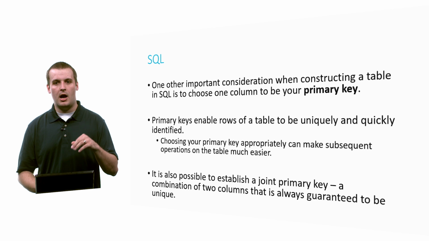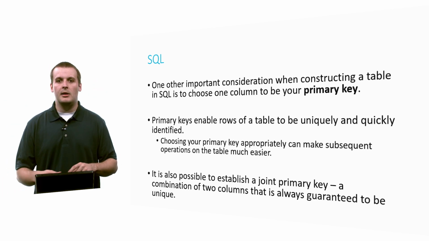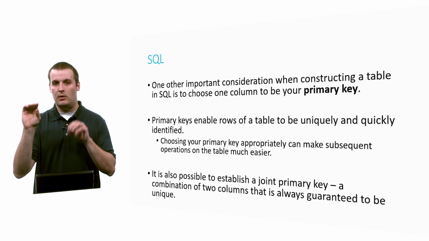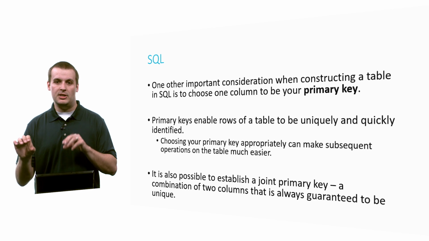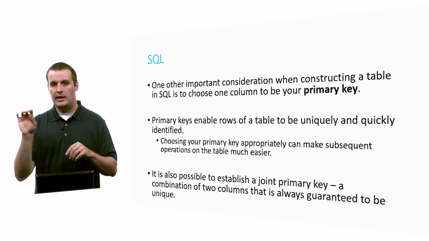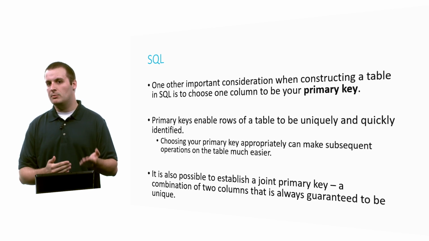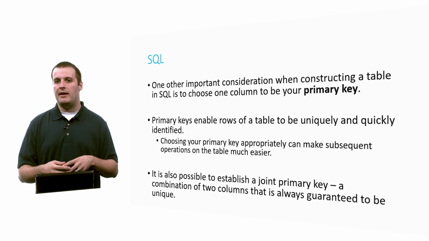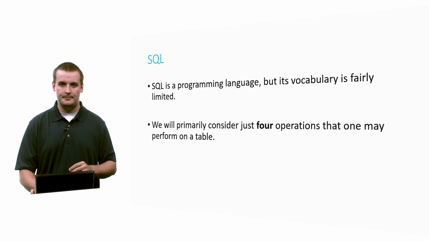So maybe you have one column that's A's and B's, one column that's 1, 2, and 3, but you'll only ever have a single A1, a single A2, and so on and so on. But you might have a B2, a C2, or an A1, A2, A3, A4. So you might have multiple A's, multiple B's, multiple 1s, multiple 2s, but you can only ever have a single A1, B2, C3, and so on.